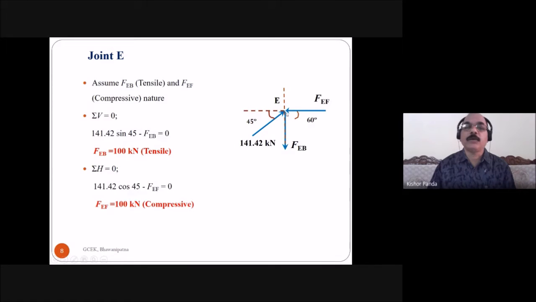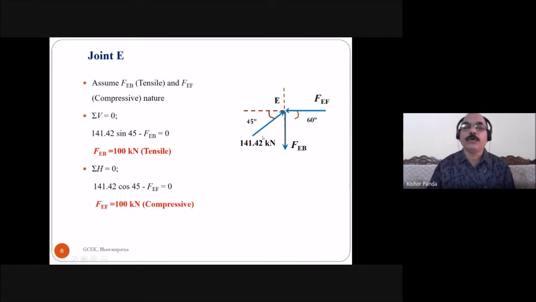Then take the summation of horizontal force is equal to 0, and you find out the force in the member EF. So this is the inclined force. Take the horizontal component of this inclined force. This is 141.42, and this angle is 45 degrees. So the horizontal component is 141.42 into cos 45 degrees, and the arrow mark is towards right, and for this force the arrow mark is towards left.